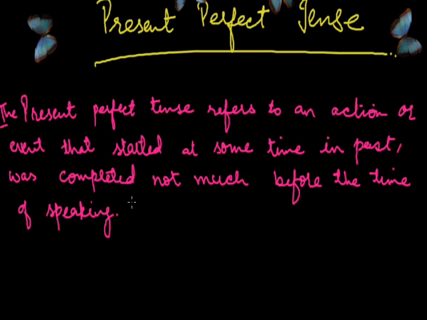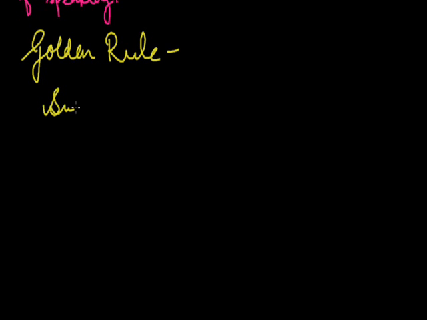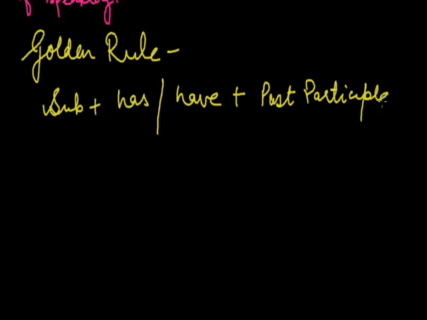Okay, so rule for it is, again I give you a golden rule for it. Subject plus has, have plus past participle plus object. Right?